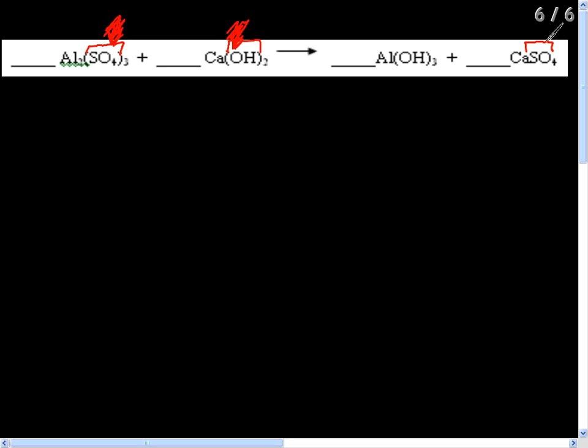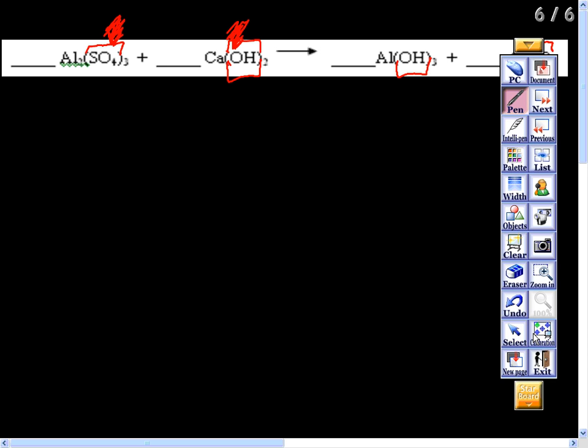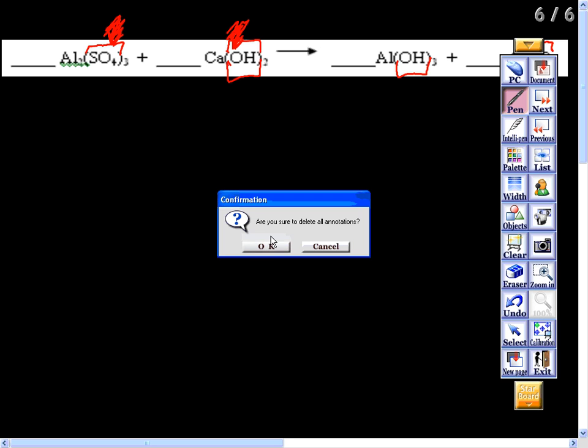Notice that the SO4 moved as a group. It went from SO4 with aluminum to SO4 with calcium. In the reactants, the OH went from being with calcium to being with aluminum. They moved as a group. So treat them as a group. Don't try to split them up into their individual elements.